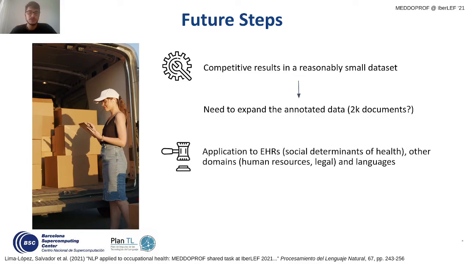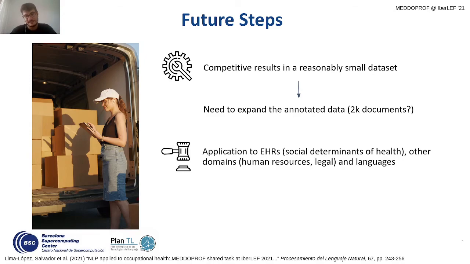We would also like to explore the application of this type of information extraction to electronic health records, along with other social determinants of health, as well as to other domains and languages. And given that the terminologies we use for normalization are multilingual, applying it to other languages might be kind of easy.